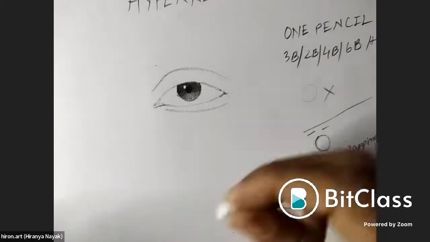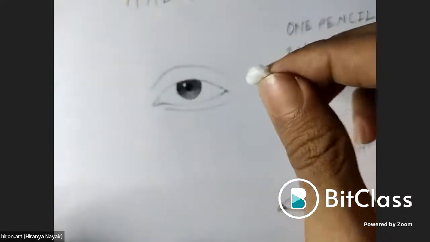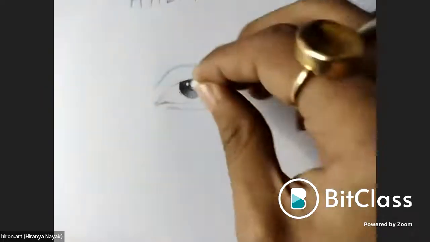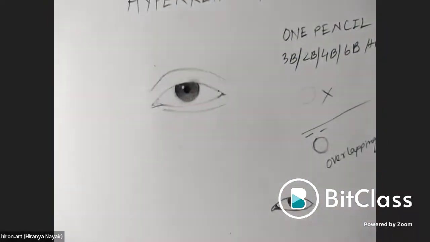Okay, so now let's mold it this way. I will go with less pressure, and I will just make it look a little more smooth. ठीक है, कुछ इस तरीके से.